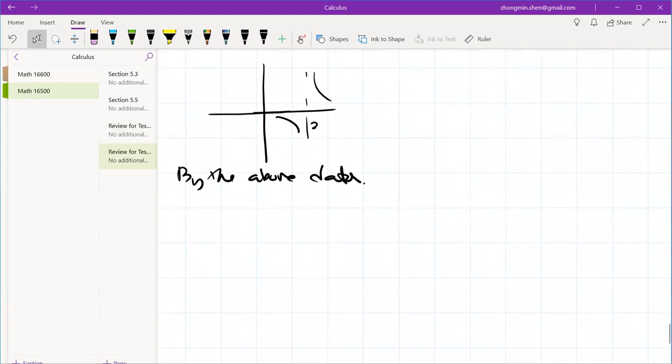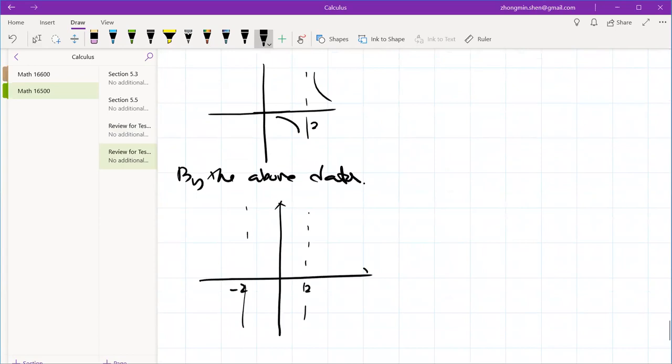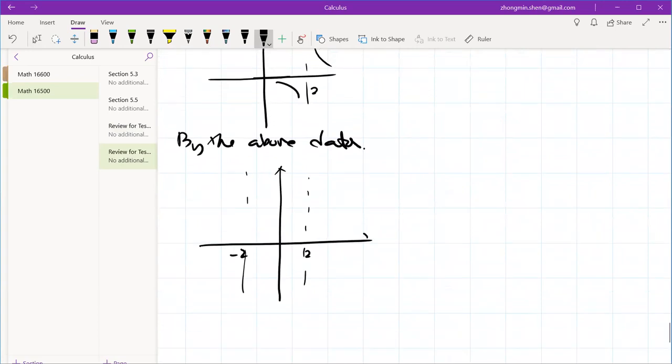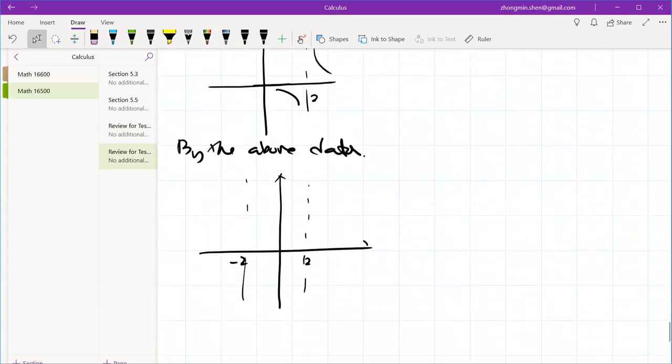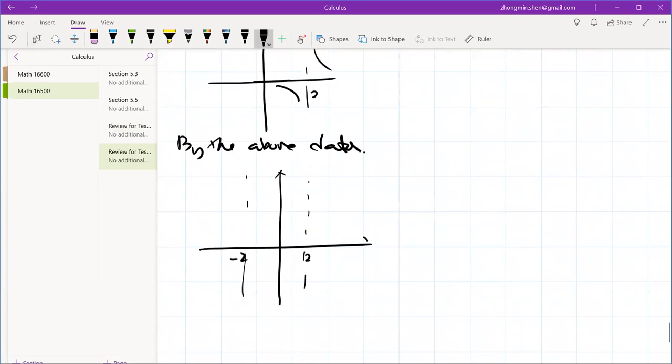Okay. So this is x positive. Here's x negative. So nearby the vertical line x equals negative 2, the graph looks like that. Nearby the vertical line x equals 2, the graph looks like that.